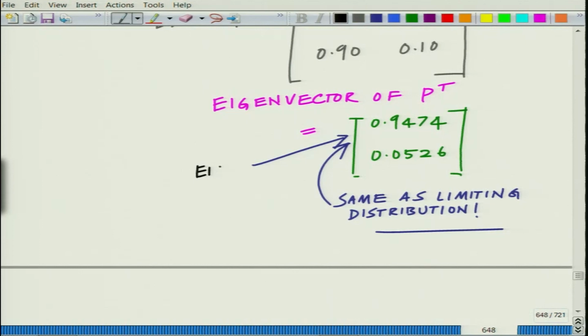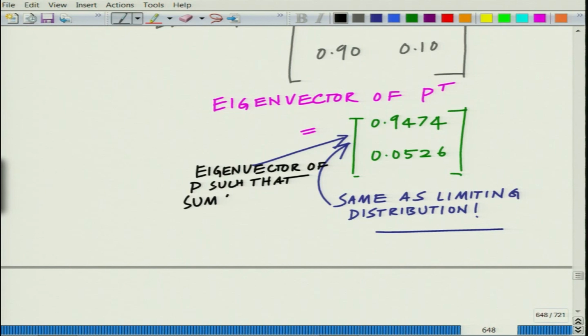This is an important property to keep in mind: you cannot take just any eigenvector, because it is a probability mass function. So the sum of elements must be equal to 1, otherwise it is not a valid probability mass function.